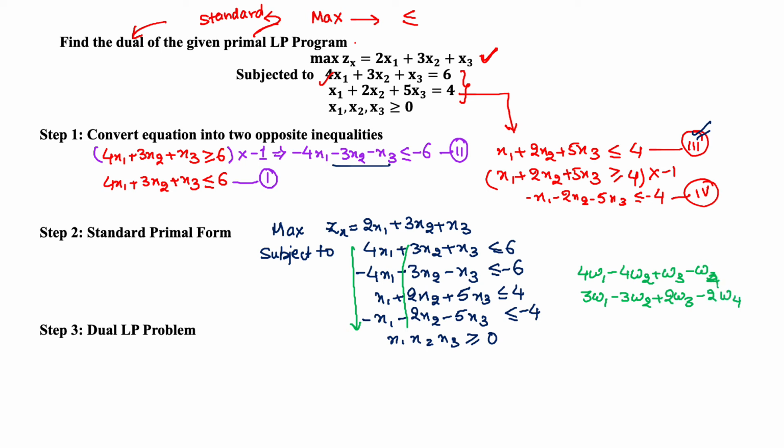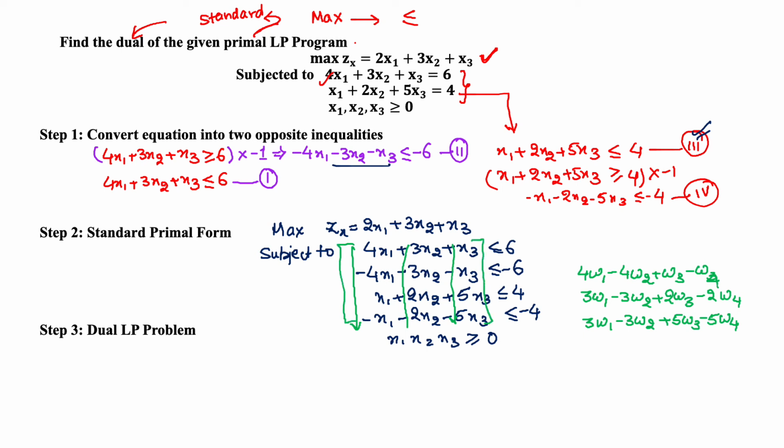Okay, and likewise last column, it will be 3w1 minus 3w2 plus 5w3 and minus 5w4. Okay, so first step is done where I transpose rows and columns of constraint coefficients.